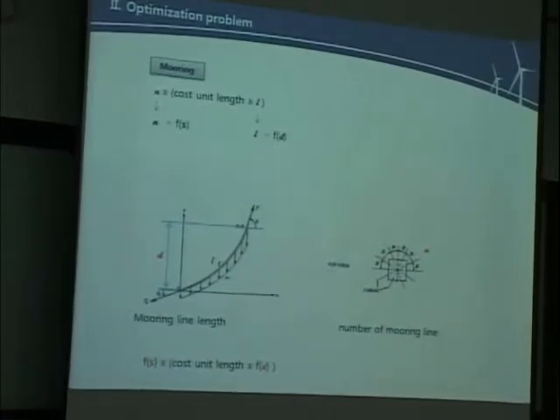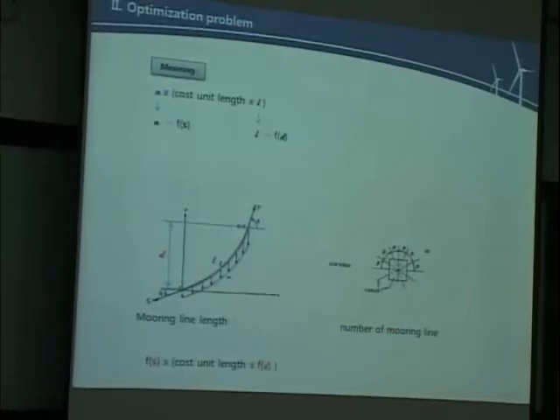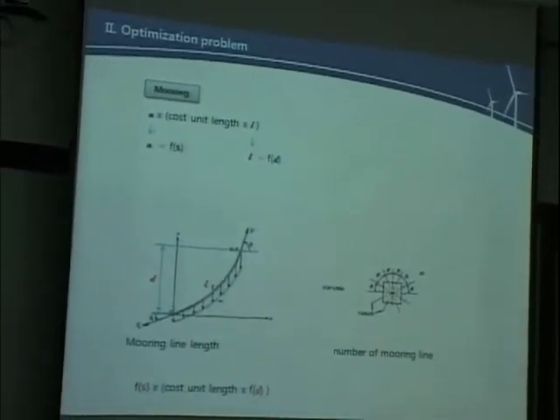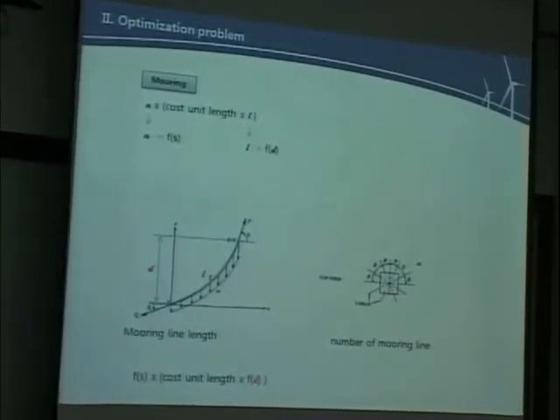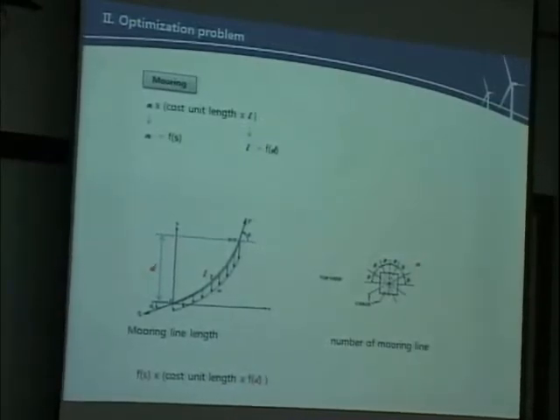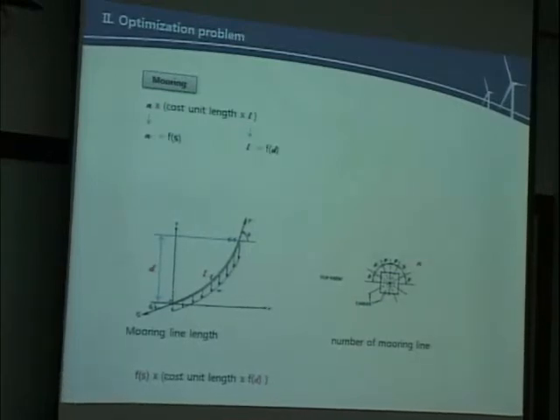If the wind speed is very high, it makes lots of waves, so it requires lots of mooring lines. And the length is related to the depth. If the depth is really long, it requires a very long mooring line. So we consider it like this, and finally we get this function for the mooring line.